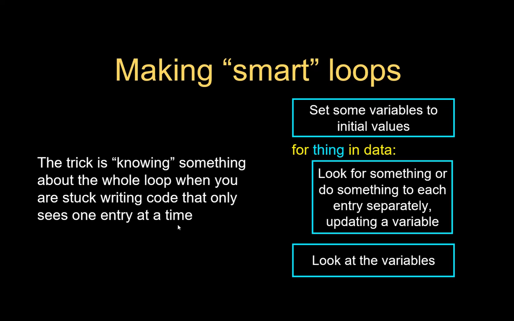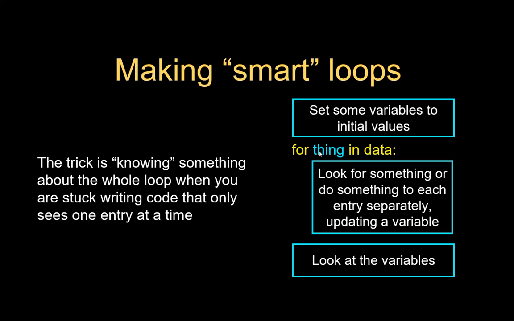So the idea is, when we do this for thing in data, let's say we have an array of numbers. We want to look one by one and examine each member of that sequence individually. So that's why we use loops basically.